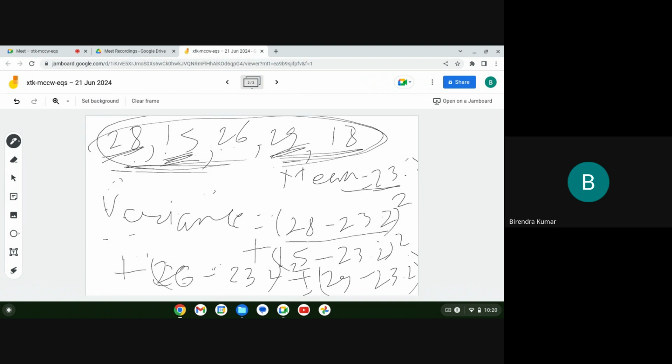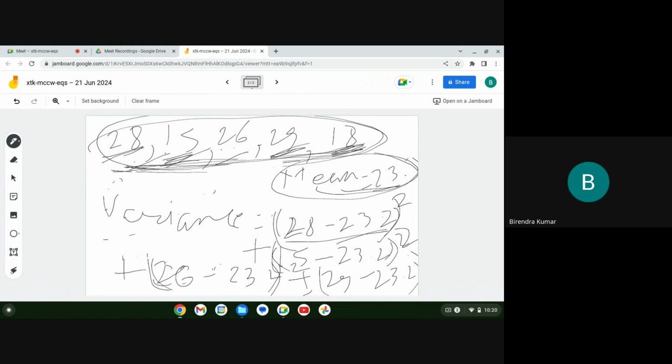Find out the square of, and then the 18 minus 23.2. All that you do is subtract the mean from each number that you have here. Find the square of first number minus mean square, second number minus mean square, third number minus mean square, fourth number minus mean square, and you add all the squares together and then divide that by the number of numbers you're dealing with. If you have five numbers, divide that by five.